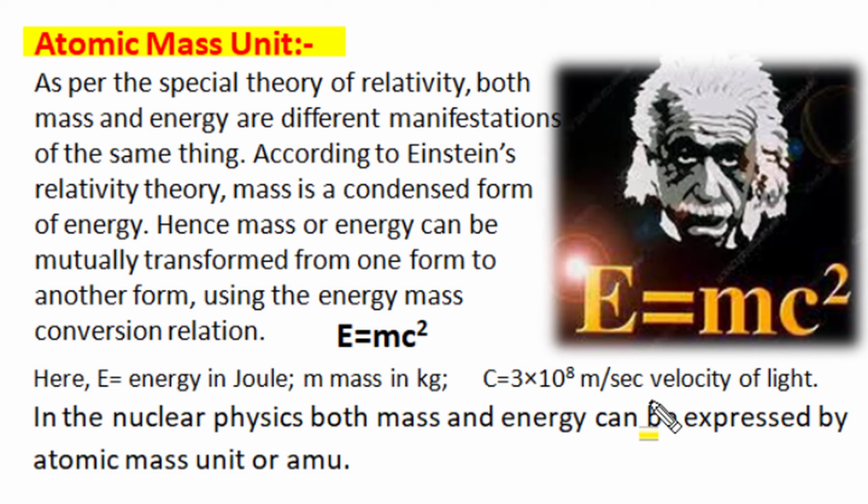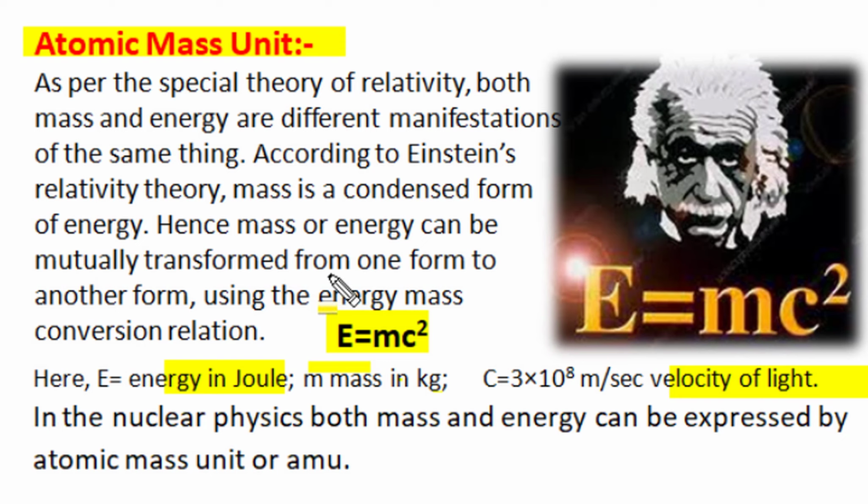Hence, mass and energy can be mutually transformed from one form to another in nuclear reactions, and the conversion of mass and energy is governed by the mass-energy conversion relation E equal to mc square, where E is energy of reaction in joule, mass here is in MKS kg unit, and c is the velocity of light, 3 into 10 to the power 8 meter per second.